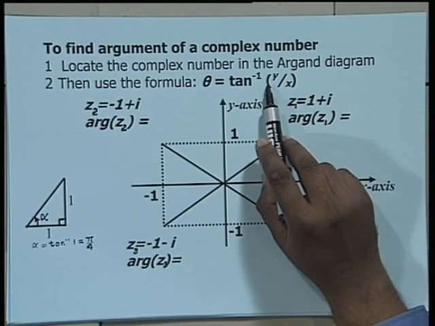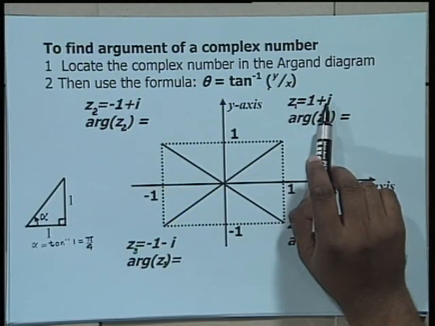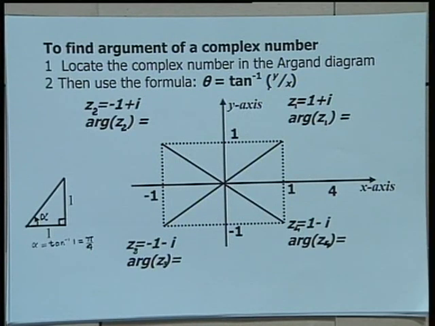Let's take examples and find the argument. To find the argument, the first step is to locate the complex number in an Argand diagram. The next step is to use the formula tan inverse. We have four complex numbers here. Z1, which is 1 plus i, Z2, which is minus 1 plus i, Z3, which is minus 1 minus i, and Z4, which is 1 minus i.